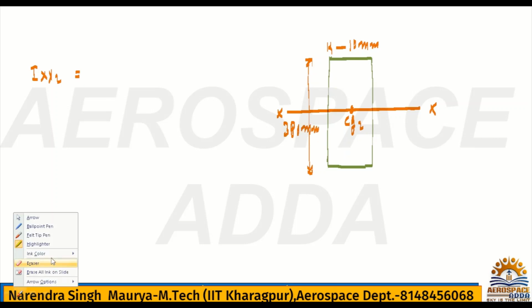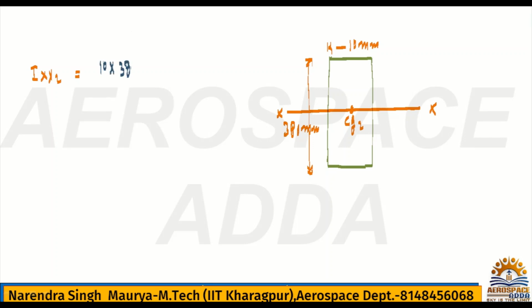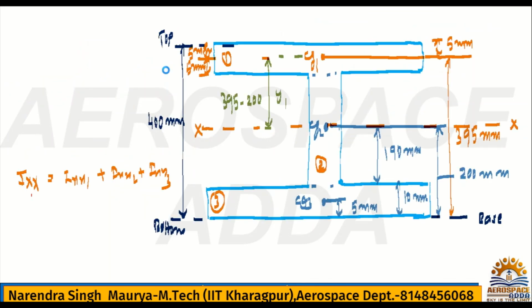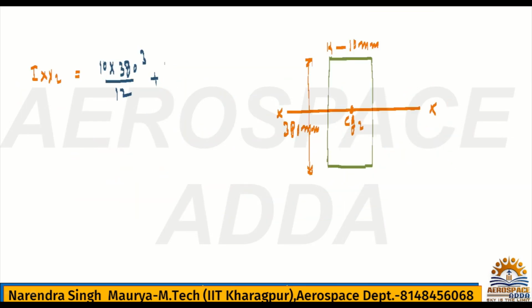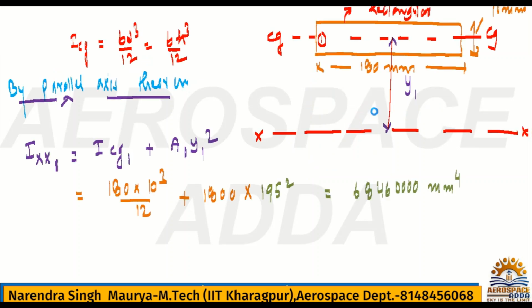So we have to write Ixx, which is nothing but 10 into 380 cube by 12 plus area, that is A2. What is A2? Previously you have calculated 3800. 3800 into y1. What is y1? Y1 is the distance of CG location from the x-x axis. Now see the diagram properly, you will understand.